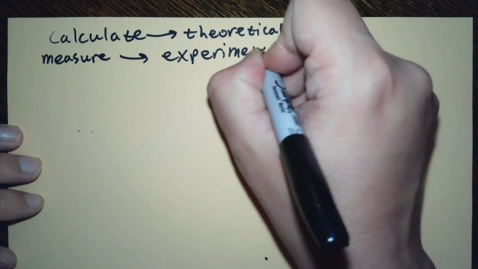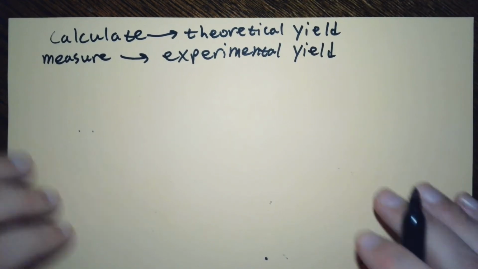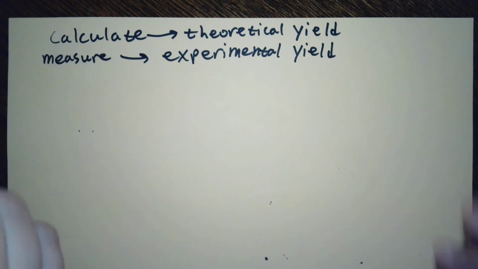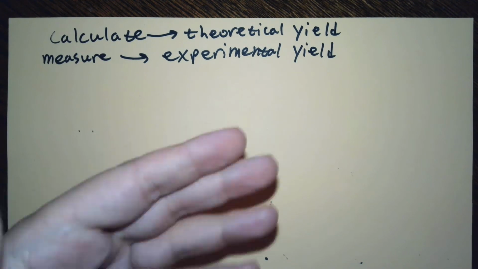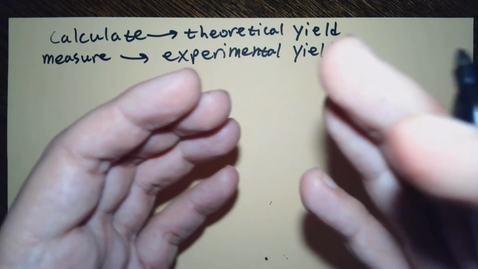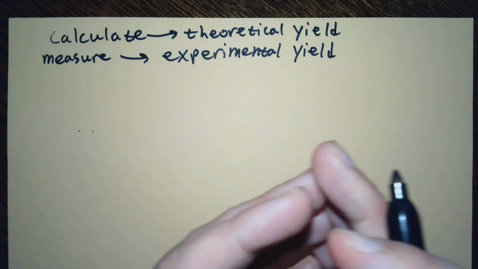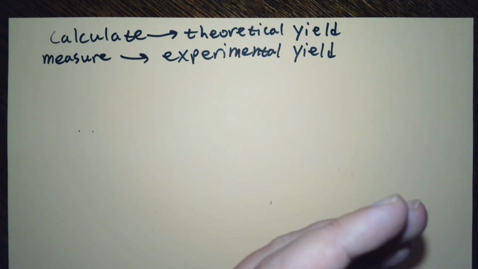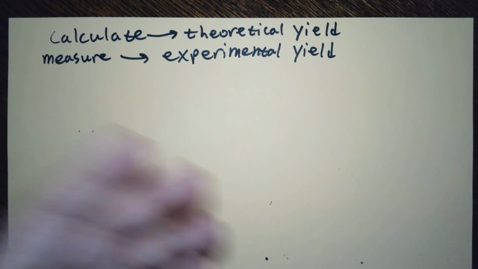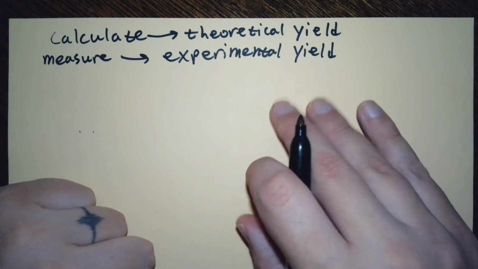This is what you have actually gotten, which is tricky in this situation because we're doing computer simulation labs this year. But if you went into the lab and made silver chloride, you'd filter it, dry it, and weigh it to see how much you got. It would be much less than the theoretical yield of 53.7 grams. Probably, that's a pretty easy one to get. You probably get at least 50, maybe a little bit more.